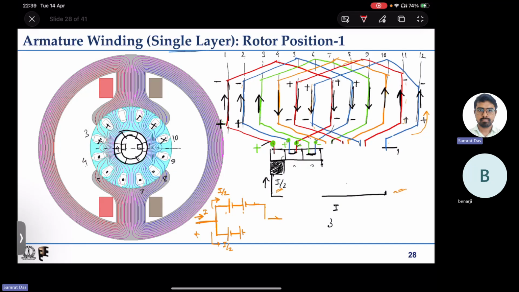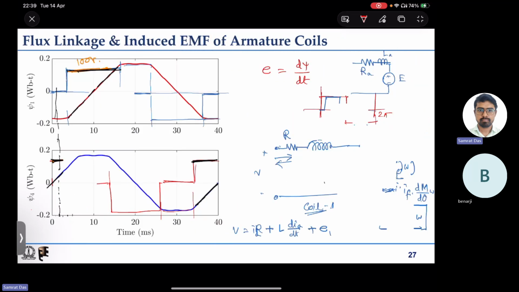So if one coil we represented like this, some resistance, some inductance, plus some induced EMF, that is varying. That is dependent on field current, speed, and rotor position.